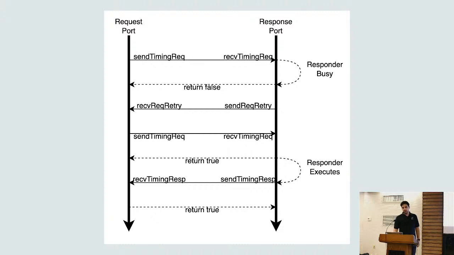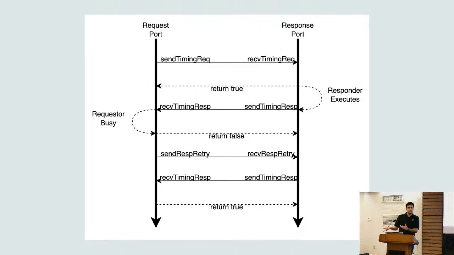and the response is communicated to the requester. Another possible scenario is where the requester is busy, so the responder accepts the request and prepares the response. However, the requester does not have the bandwidth to receive that response, so it returns false. But in future, it will remember to tell the response port to try to send that response again.